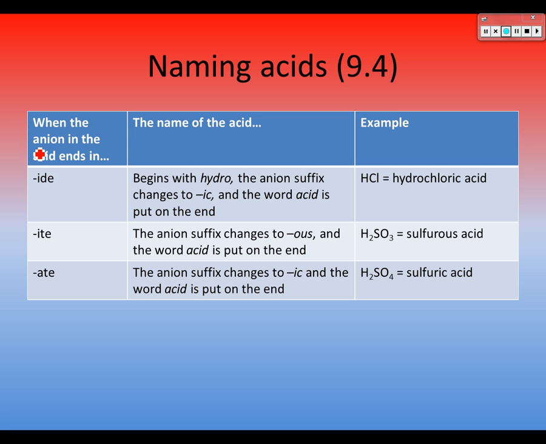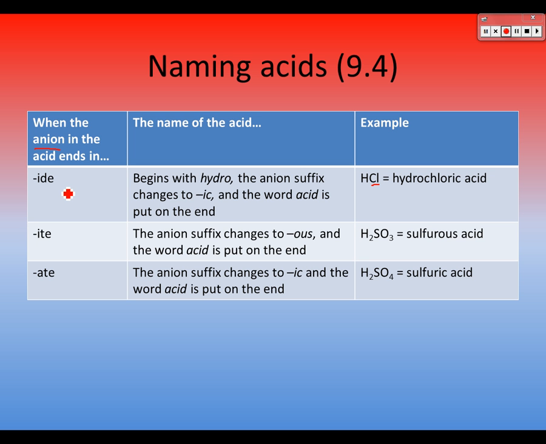So you want to look at the anion in the acid. Remember, anion is the negative ion. If you look, for example, at HCl, the negative ion, chlorine, we would say is the chloride ion. So if the anion ends in "ide", then you begin the acid with the word hydro, the anion suffix changes to "ic", and then the word acid is put on the end.